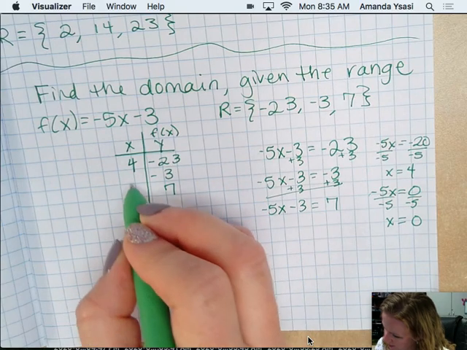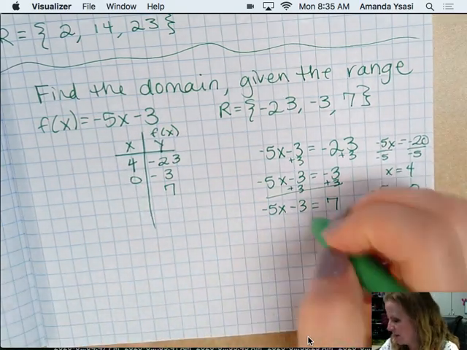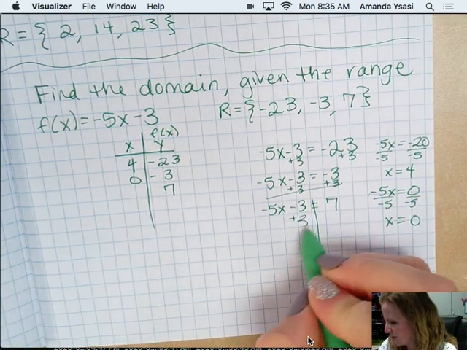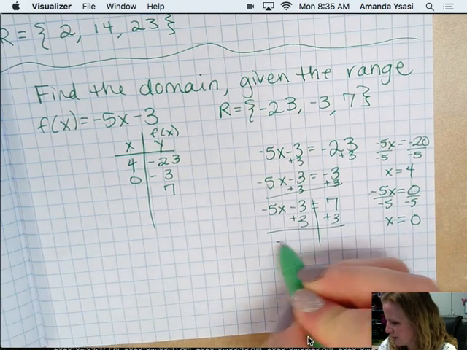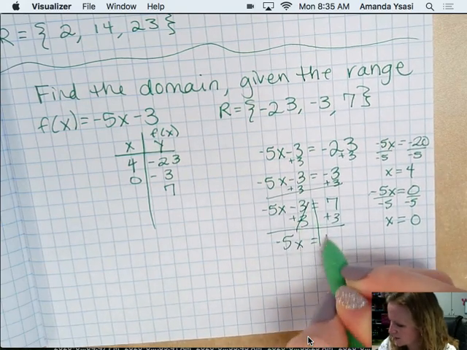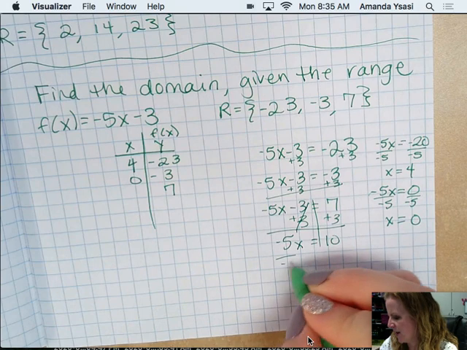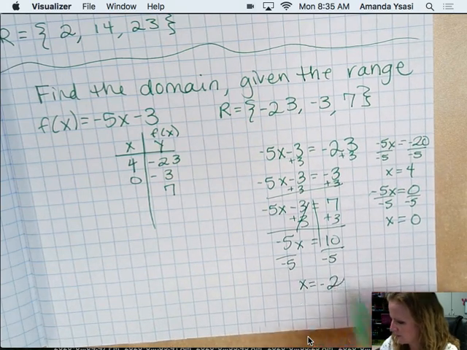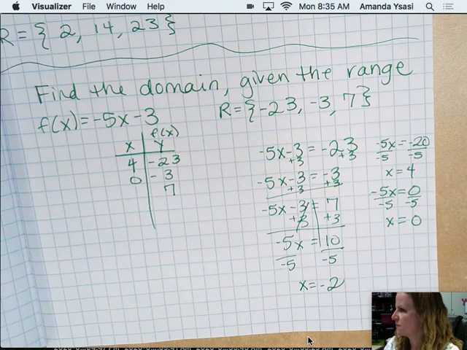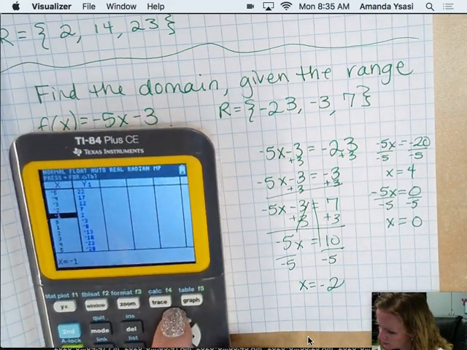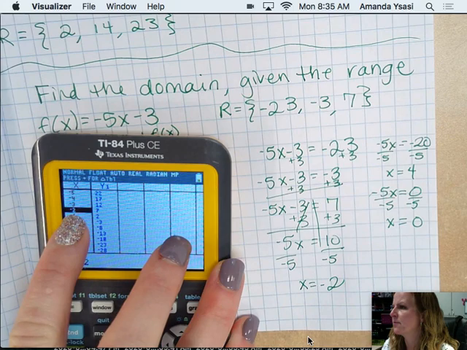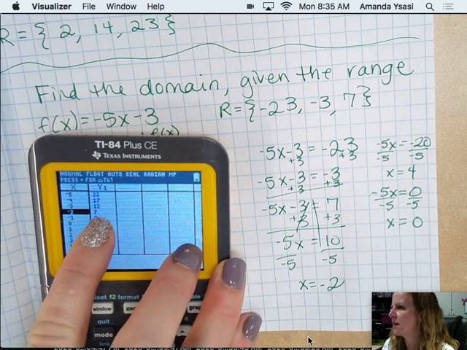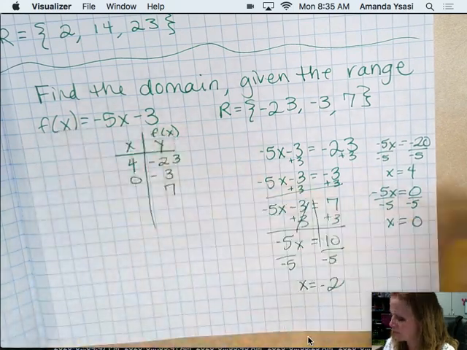This would be 0. And then this one would be +3, +3. -5x equals 10. Divide by -5. X equals -2. And that is right. -2, 7. 7 was the y value we were looking for, so that's -2.